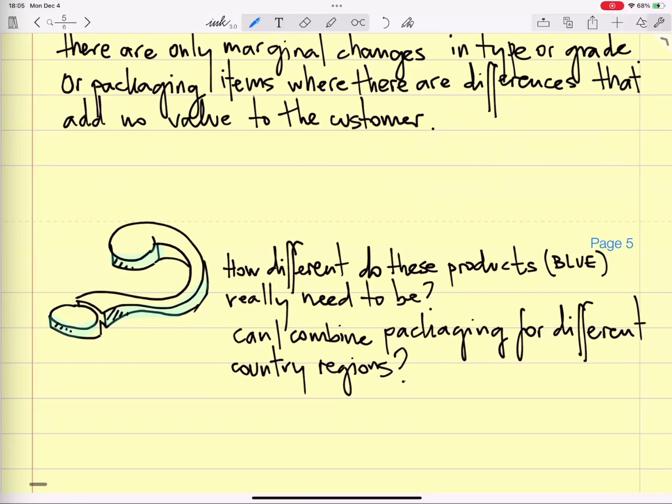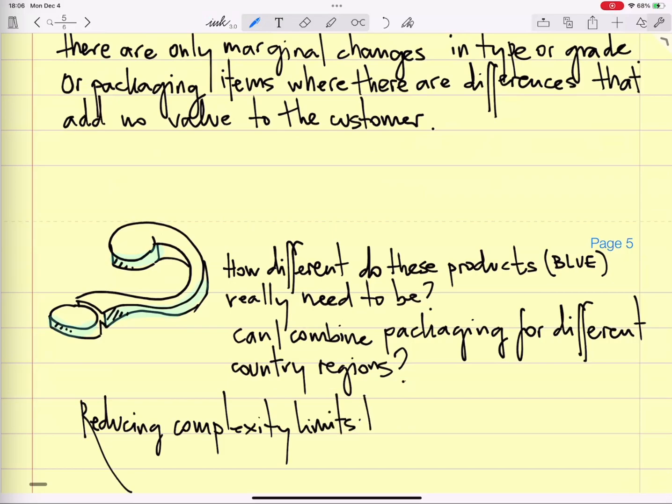So the fact of the matter is here we need to reduce complexity. So reducing complexity limits the opportunities for things to go wrong.